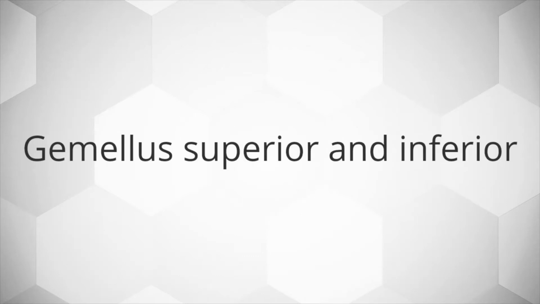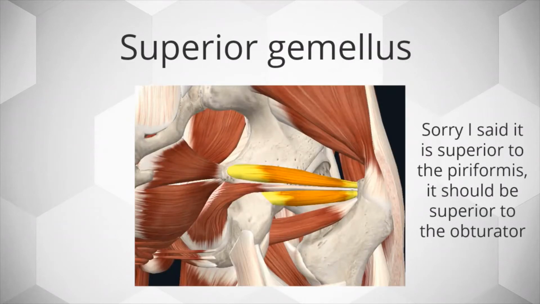Next are the gemellus superior and inferior. So this is a group of muscles. The superior gemellus lies on top of the piriformis, that's why we call it superior gemellus. Gemelli means twins in Latin.